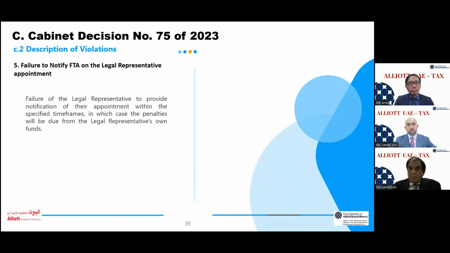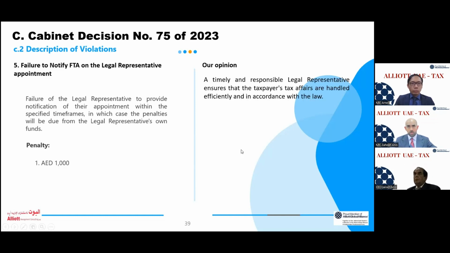The next is a violation of failure to notify the FTA of a legal representative appointment. This would be perhaps in the case of appointment of a tax agent, and this violation would be borne out of the legal representative's own funds. If they have not notified the tax authority that they are the official legal representative for a company in a timely manner, that will be 1,000 dirhams.